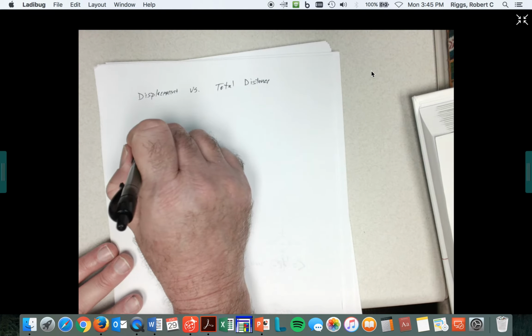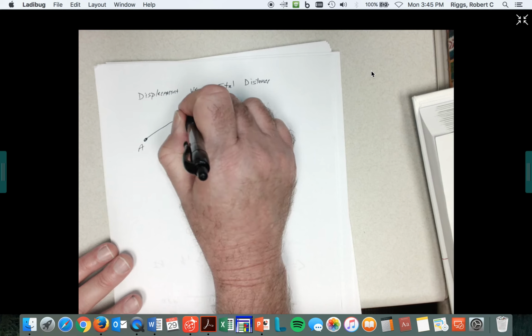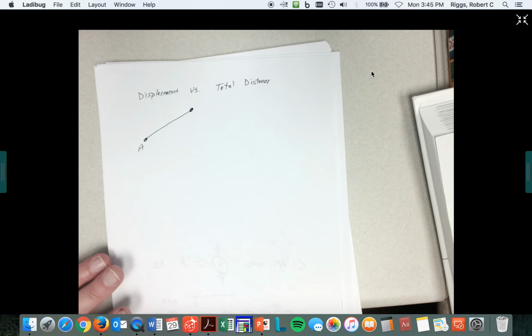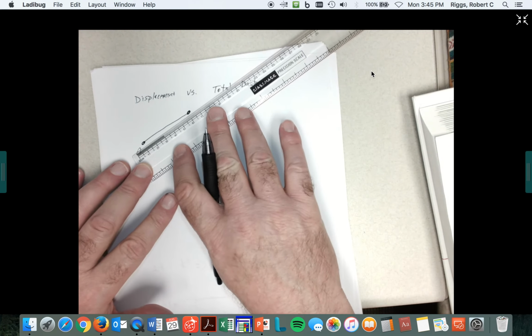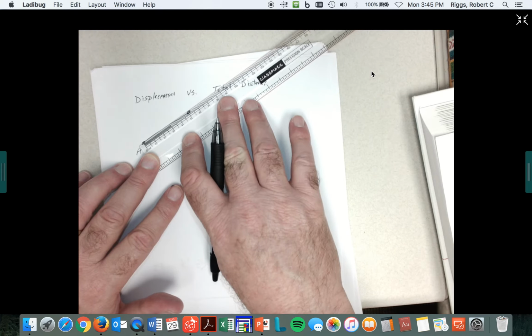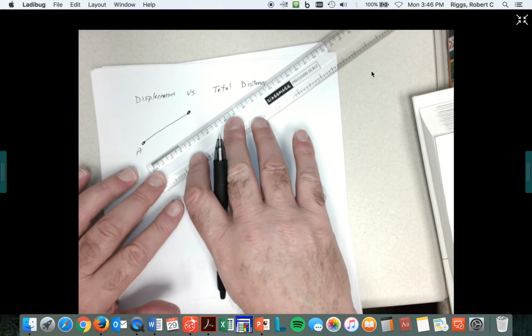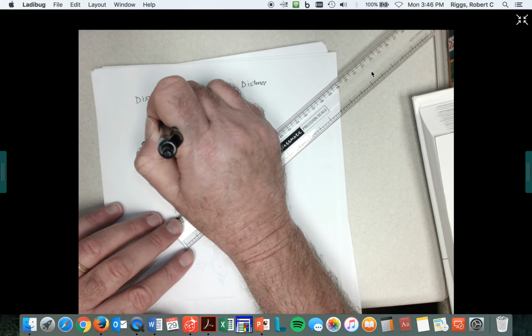Let's say I go from point A to point B. Let's say 1 centimeter is equal to 100 meters, so I traveled 500 meters.